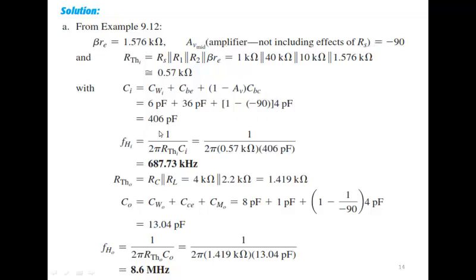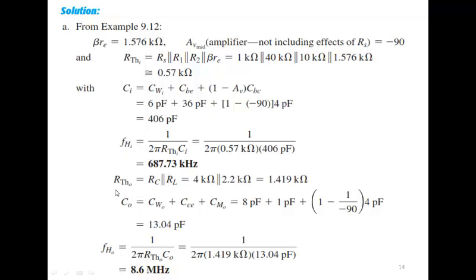When you plug the values of Cwi and Cbe and this capacitance, you will end up with a total input capacitance equal to 406 picofarad. Then the resulting higher cutoff frequency of the input side would be equal to this much.